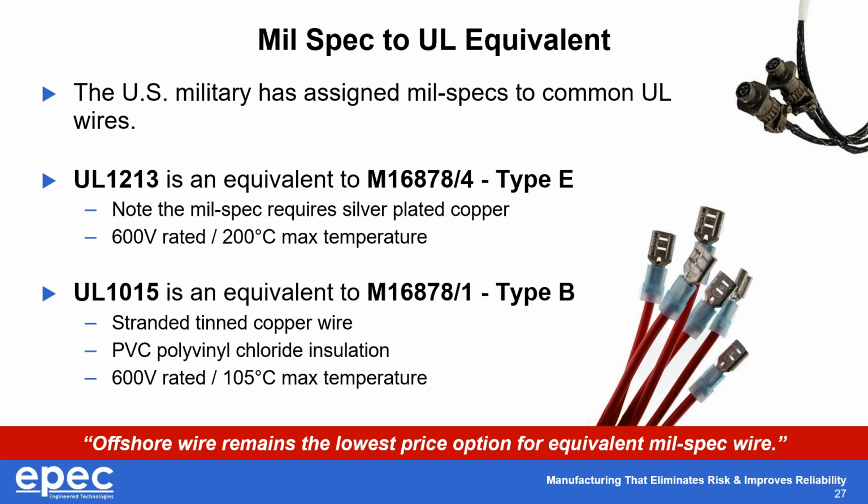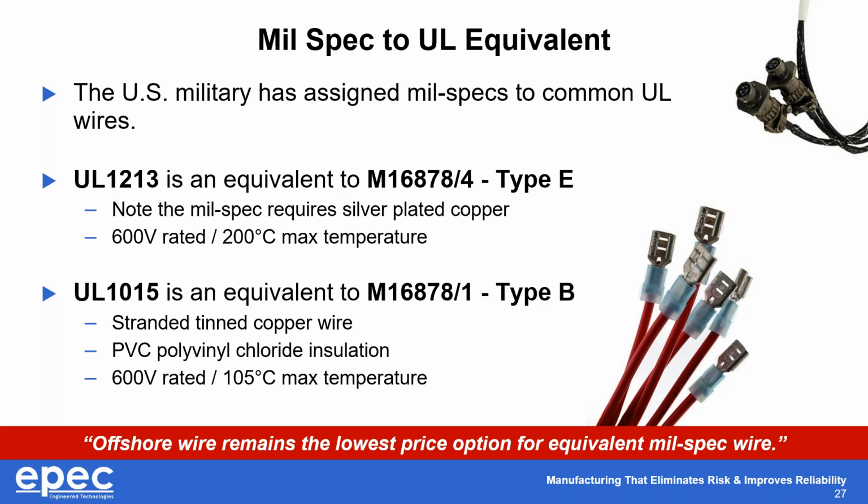So there are instances where customers will specify a mil-spec wire, and for the right application, they can accept and use a common UL wire. This will save time, money, and it's a wire that we can make and get in just a few weeks.